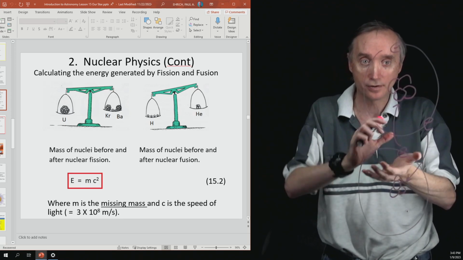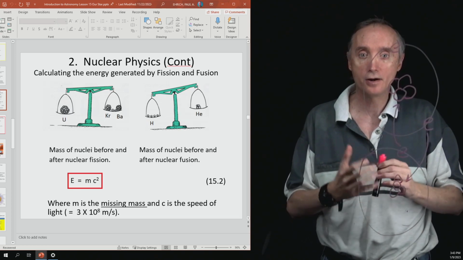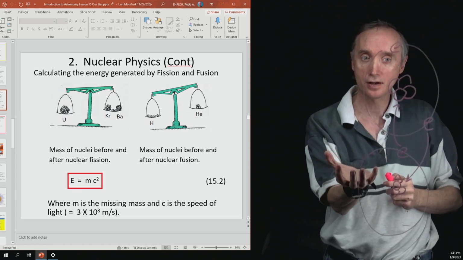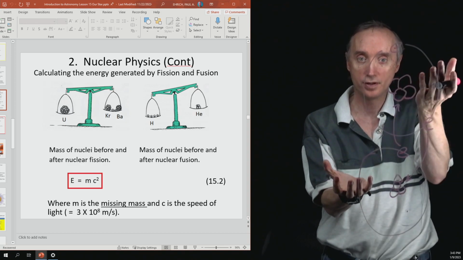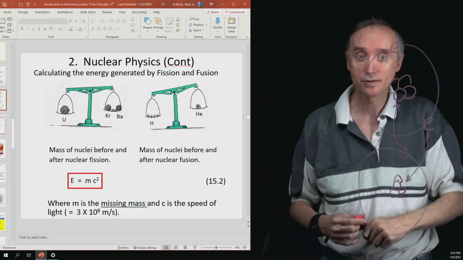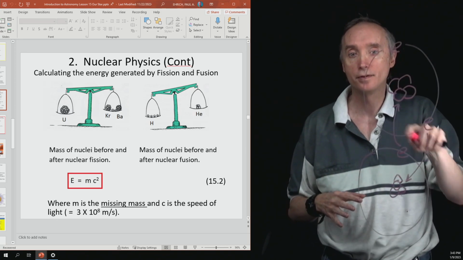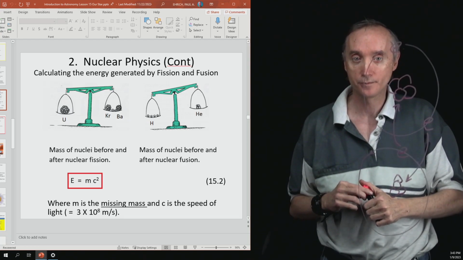They're smashed together and they're turned into helium. And if you compare the mass of the protons that you started with to the helium afterwards, you notice that there's less helium. The mass of the helium is less than the mass of the original particles.